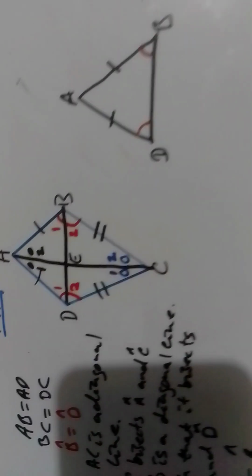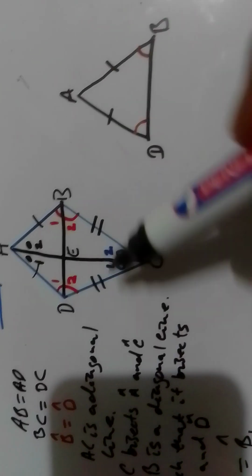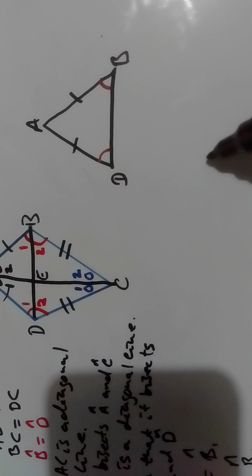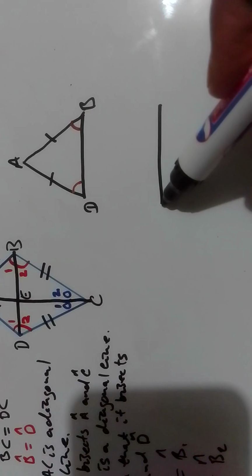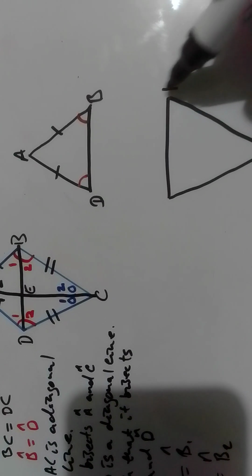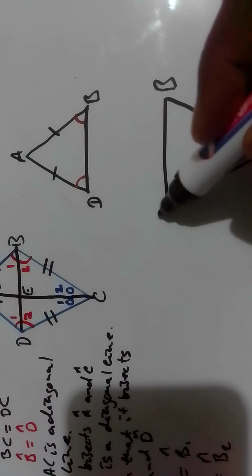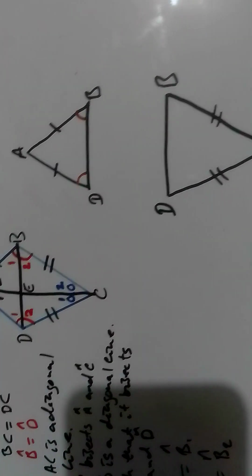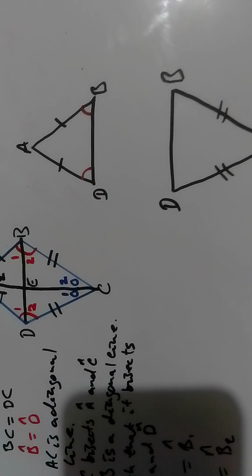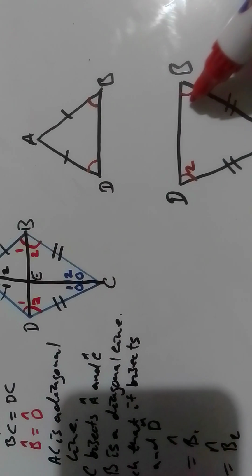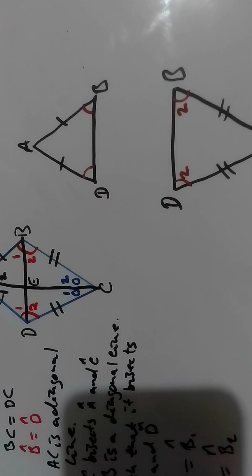I'm not going to draw that, and then from there I'm going to draw the second part, triangle DBC. So we have B, we have C, and we have D. This one had two markings there, and then we have got D2 and B2. So that's what we're going to talk about.